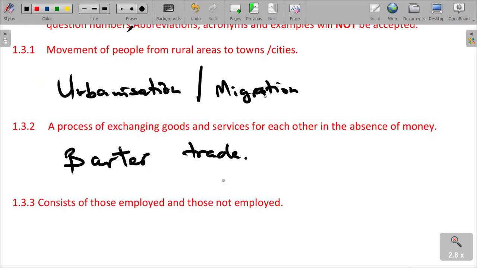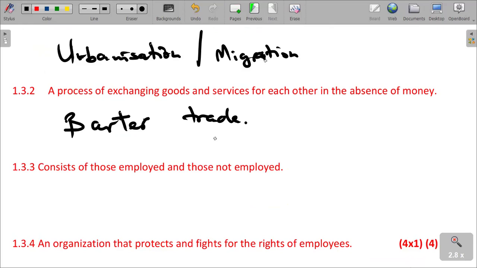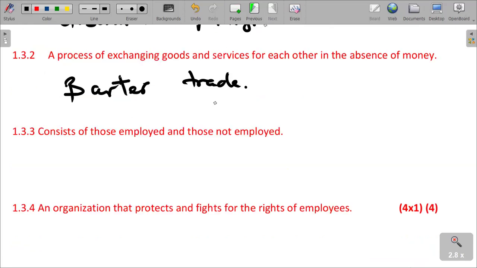It is barter, goods to goods, services to services, or goods to services. That can be done where people don't have money.